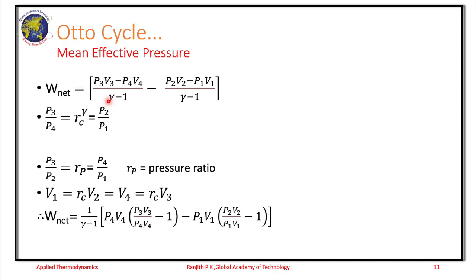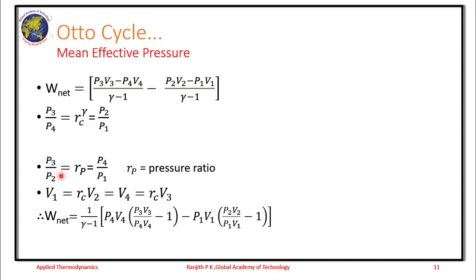So, this is the mean effective pressure. The net work done is written in terms of all the four processes occurring in the cycle: P3V3 minus P4V4 divided by gamma minus 1, minus P2V2 minus P1V1 divided by gamma minus 1. Now, we write the process for 1 to 2 and process 3 to 4.